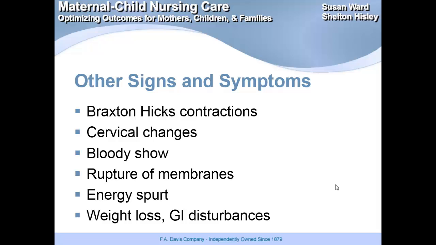Our bodies are amazing, and this is getting mom ready for what real labor is going to be like. But the difference between Braxton Hicks false labor and true labor is that these contractions don't cause dilation or effacement.